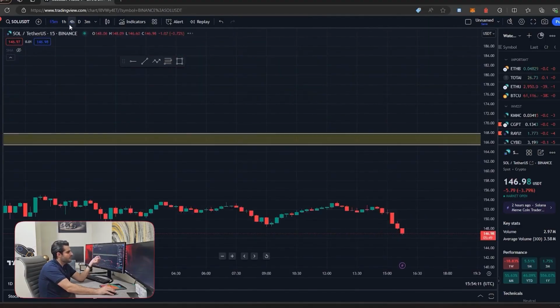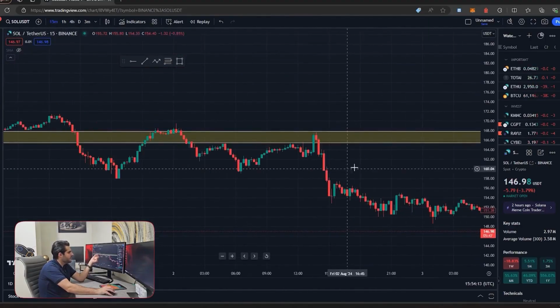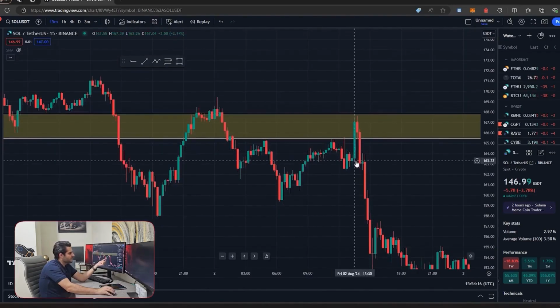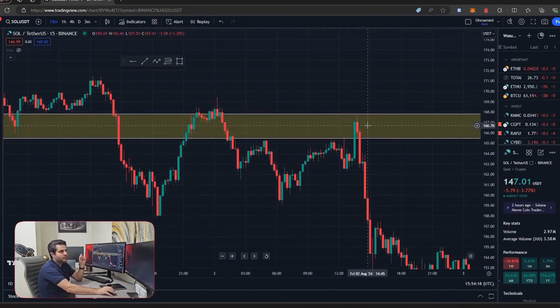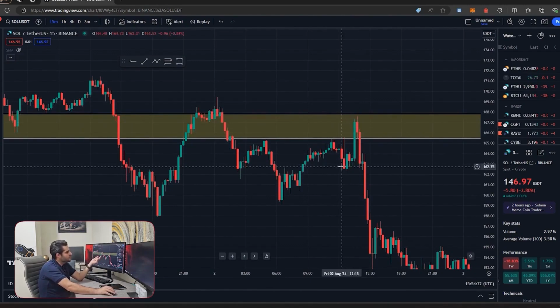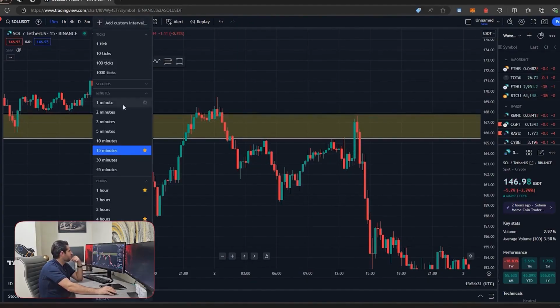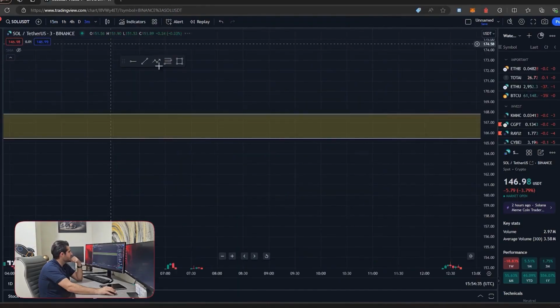In the 15-minute, which is my trading time frame, I see a green candle that reached this area with high momentum. Based on this candle, I might actually assume that the momentum and speed of the move are increasing, based on what I learned in the previous session. When I look at it in a lower time frame, I'll go to 3 minutes here, because we're on Solana.